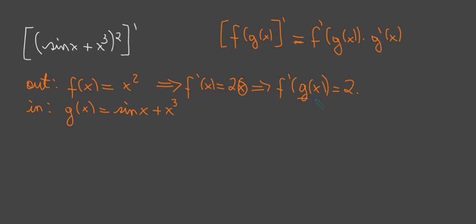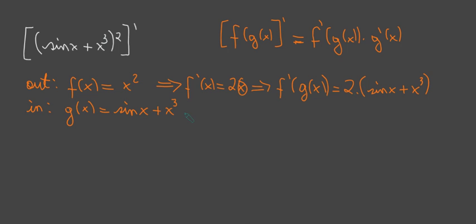When the argument is g, it will be g, but g is sine of x plus x cubed, so here we have sine of x plus x cubed, okay?